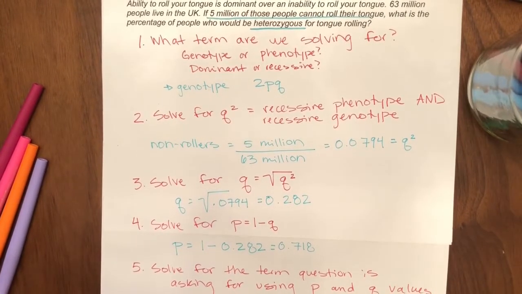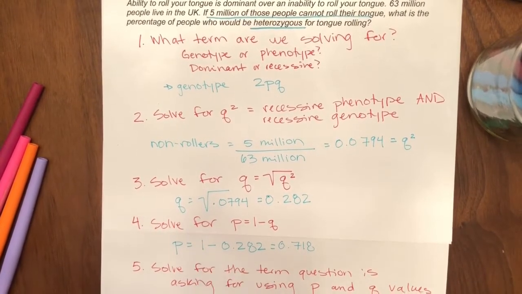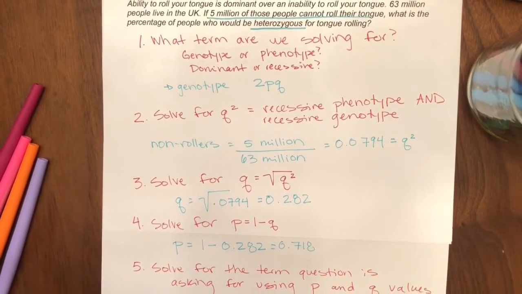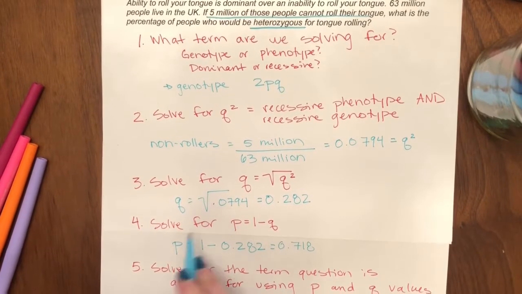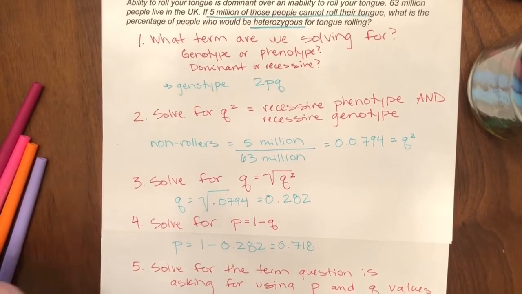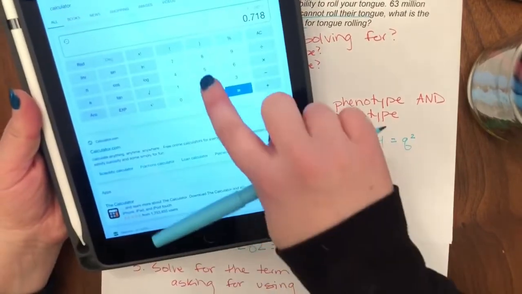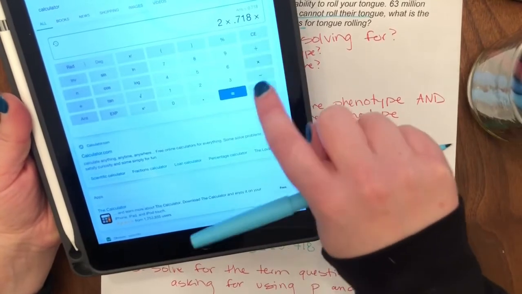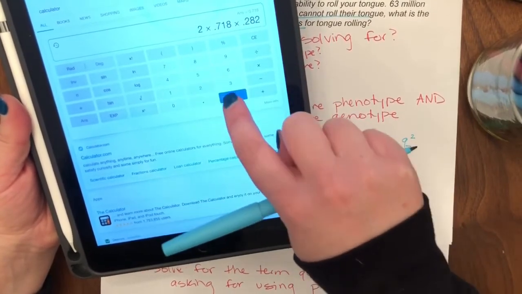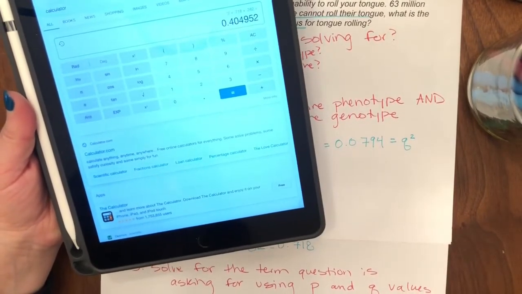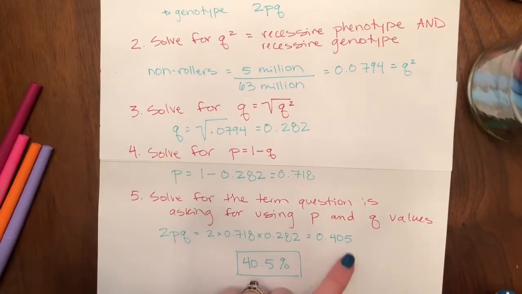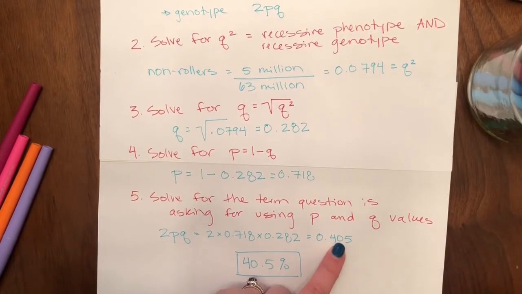So we're just gonna say 2PQ, and we just plug and chug. So P is 0.718, and Q is 0.282. So we get 0.405.